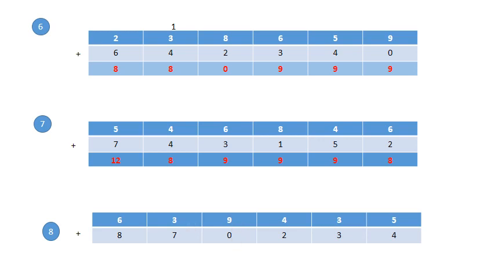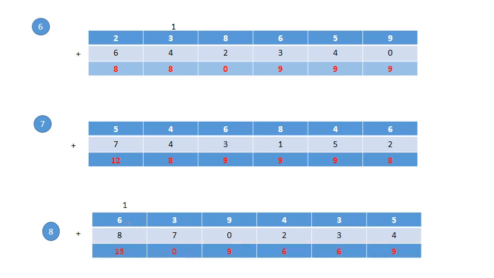From 7 add 3: 8, 9, 10. 10, we will write down 0 here and 1 will come here. And 8 plus 6, 14. 14 plus 1, 15. So your answer is 15, 0, 9, 6, 6, 9. Got the correct answer? Come on.